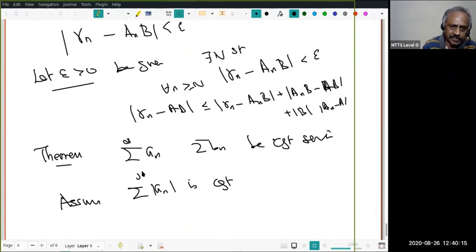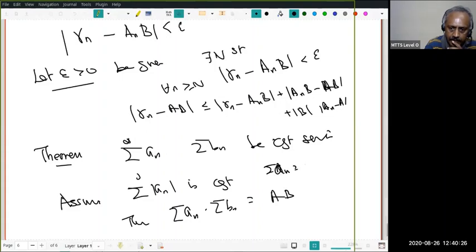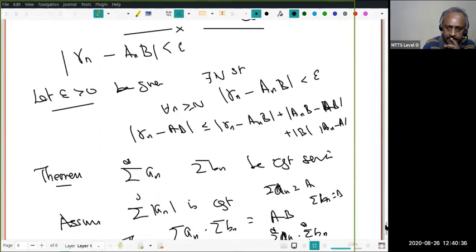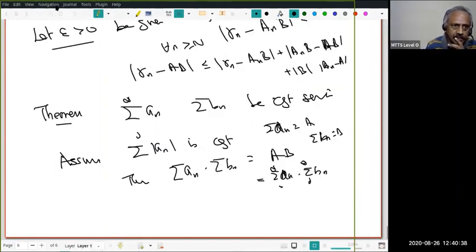Then automatically summation a_n is convergent. Okay, then the Cauchy product c_n is AB. Assume that summation a_n equals A, summation b_n equals B. Okay, this is summation a_n into summation b_n, 0 to infinity. This is the theorem. So we put extra, right?